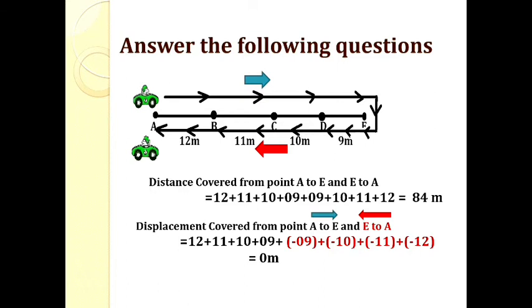But while returning from E to A, the direction is exactly opposite. So, the displacement covered in the opposite direction is taken as minus 9 plus minus 10 plus minus 11 plus minus 12. Hence, the total displacement is equal to 0 meters.